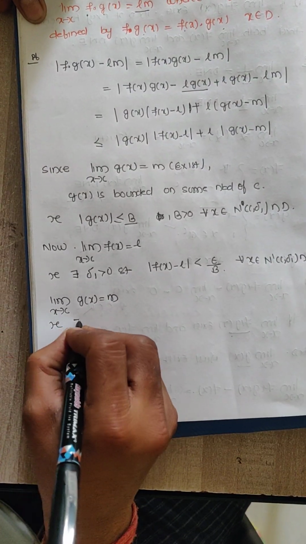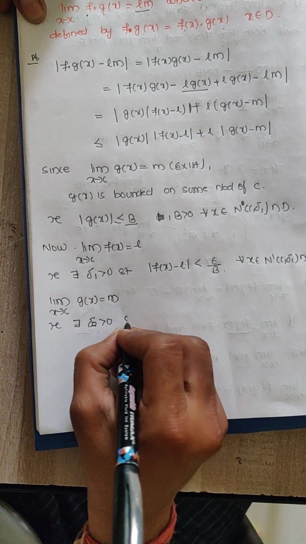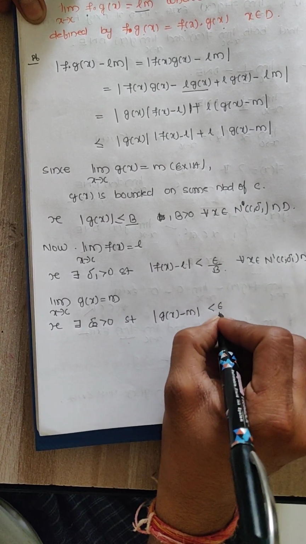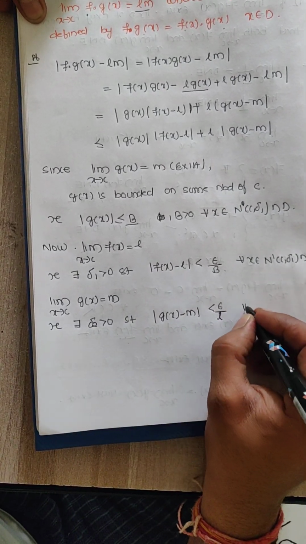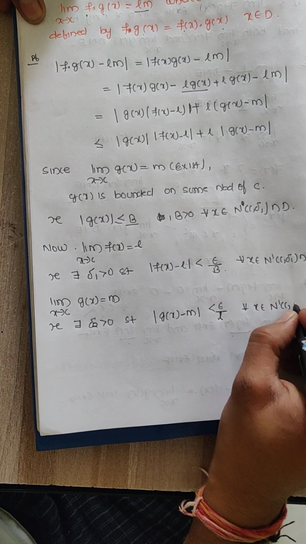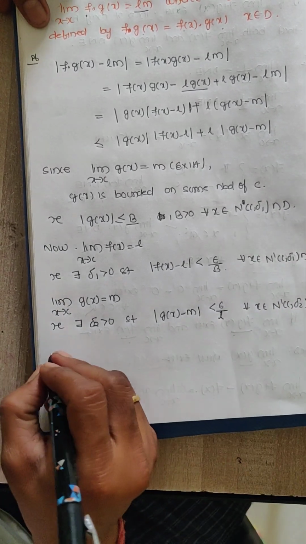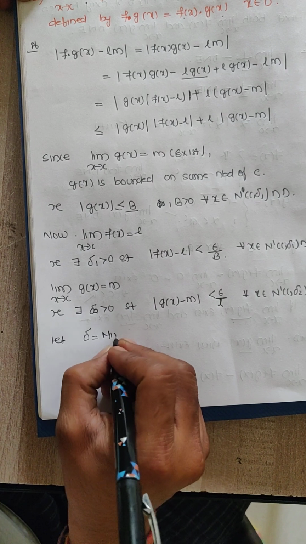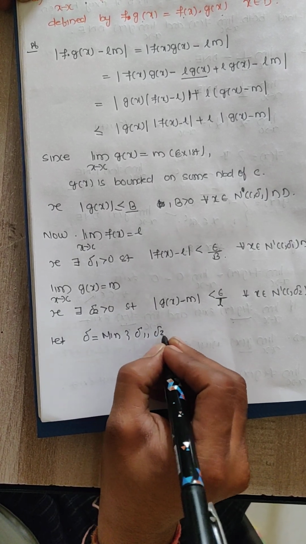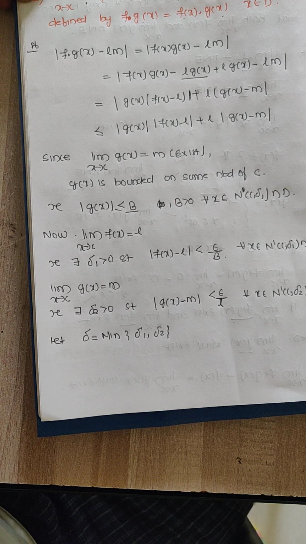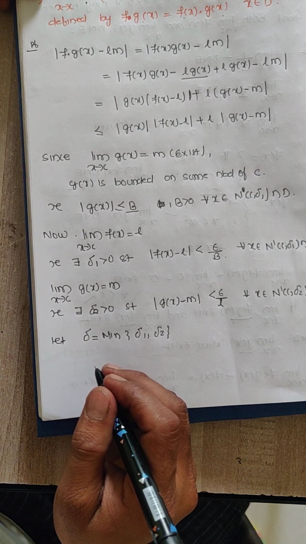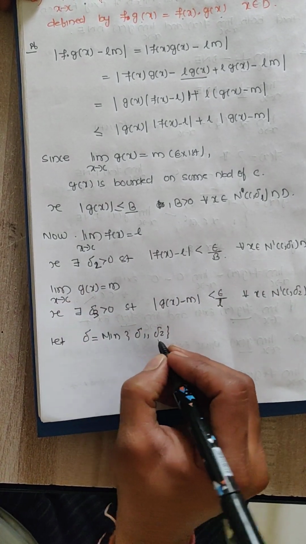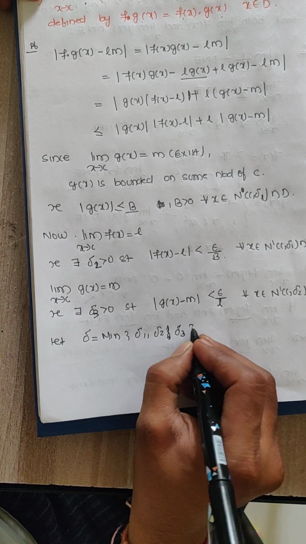That means there exists a delta 2 positive such that mod of g(x) minus m is less than epsilon by L, I am writing epsilon by L, for all x belonging to the deleted neighborhood of c of radius delta 2 intersection with D. Then we choose delta as the minimum of delta 1, delta 2, and delta 3.